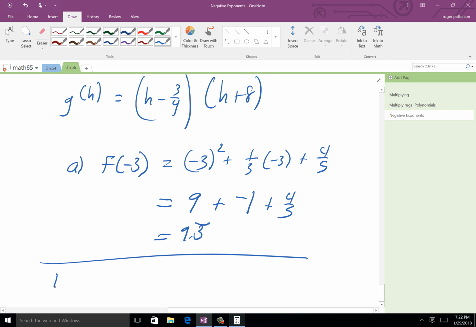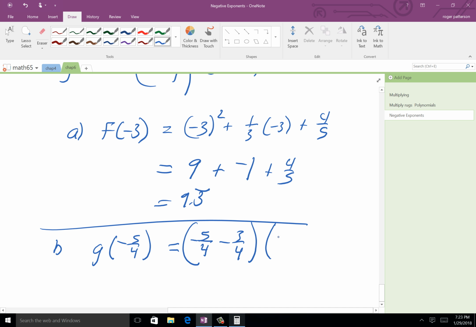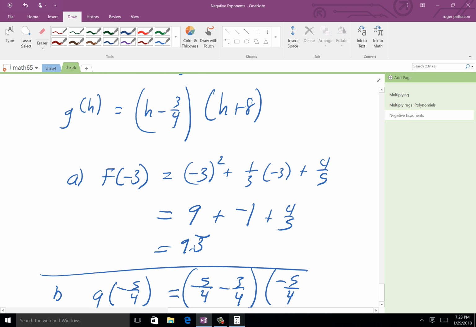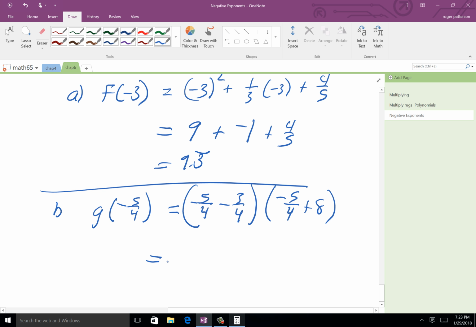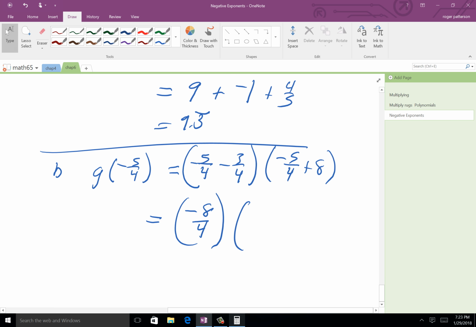Do the same thing with the other one. B, g of -5/4. So negative 5/4 minus 3/4 times negative 5/4 plus 8. Okay, so wherever I see a variable, I'm going to put that value in. So this is going to be negative 2.